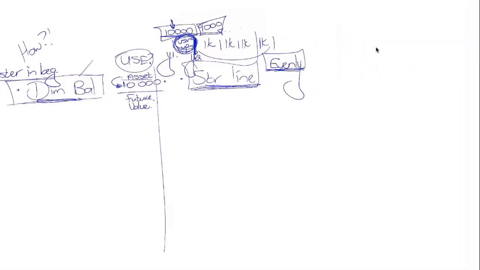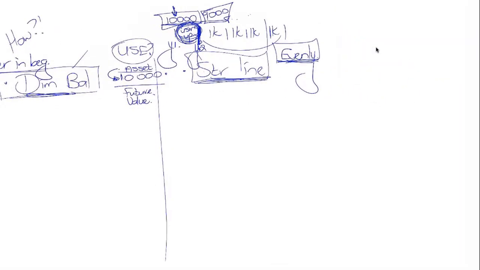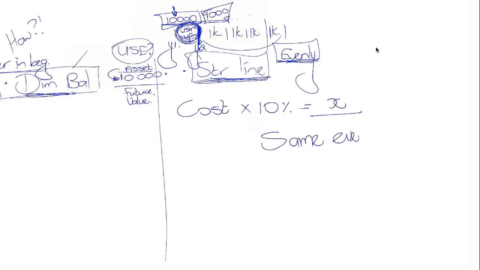So when we're calculating depreciation on Straightline, we do this on cost. So it will be cost times our depreciation rate, and that is going to give us a value that will be the same every year. That is obviously because we're going to be using it evenly.